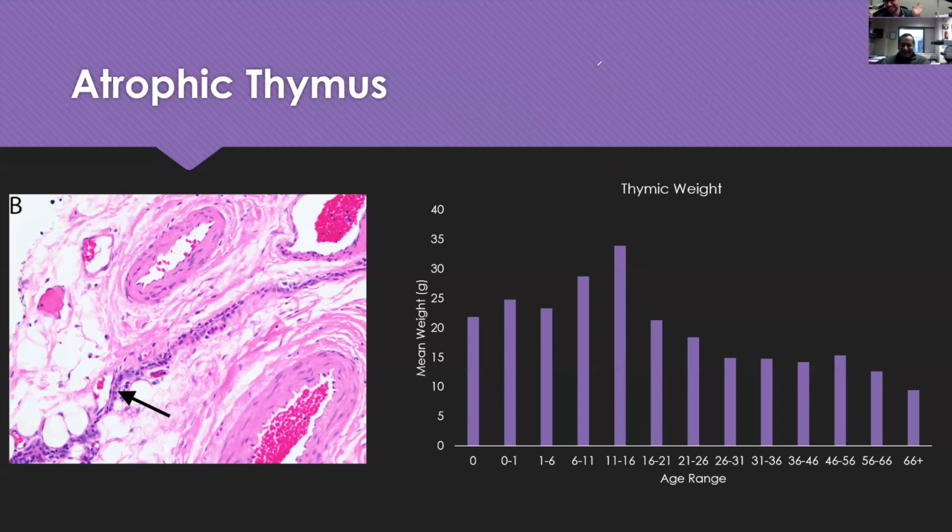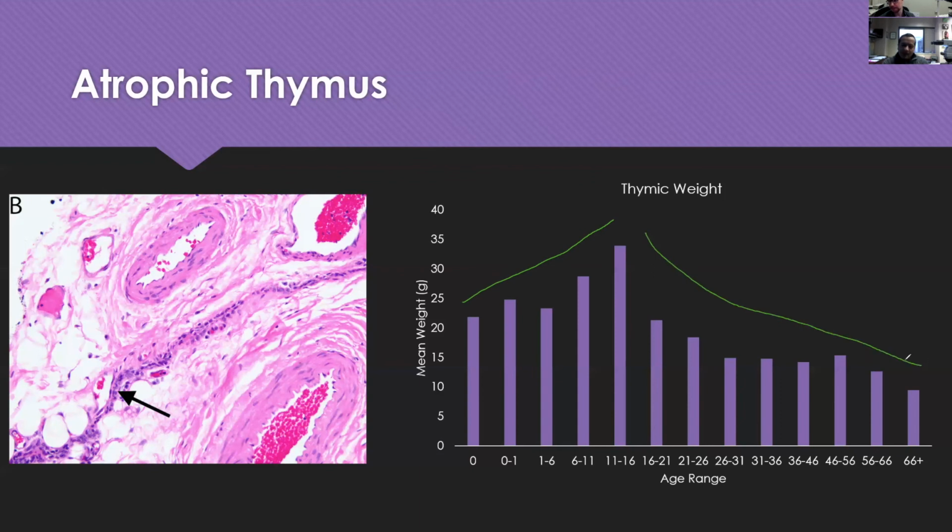You don't really see any more about the history of it. And then someone else took on the study and completed it. They actually weighed hundreds of these thymuses, and it actually is the most comprehensive series of thymic weights per age group. And so that's where we got this, and I think it nicely shows conceptually what we know, where we do see this peak here at puberty that then declines over time.